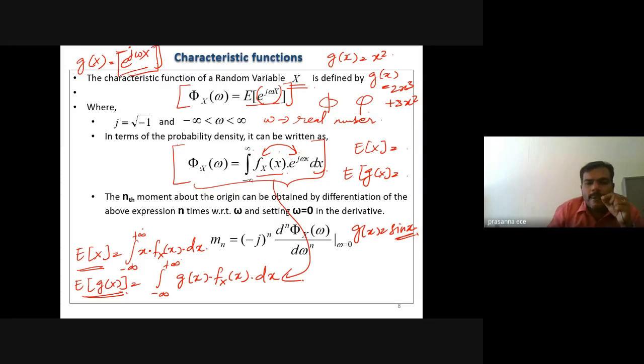Is that clear? So our characteristic function phi x of omega is equal to integral -infinity to +infinity fx of x into e power j omega x dx. The only difference between this and the previous expression is that here the g of x comes next to fx of x. Actually this should come here, e power j omega x, but I'm writing it after fx of x. The order doesn't matter.